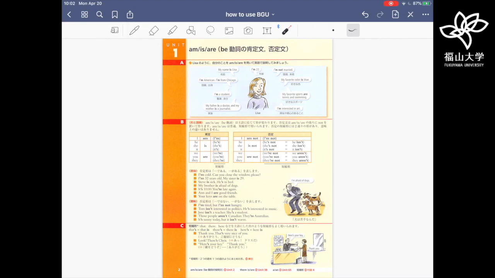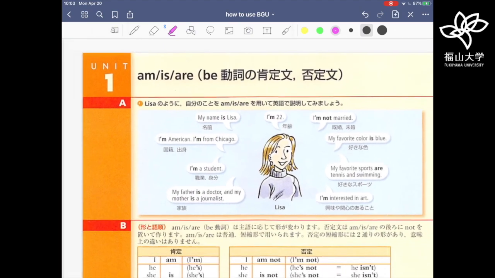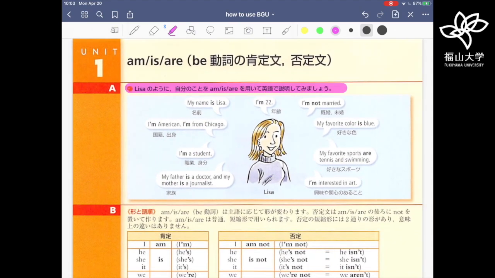I am, you are. You can see on the left side there are 3 alphabets, A, B, and C. So this means there are 3 main points to this unit. What you want to focus on is the main explanation at the top.